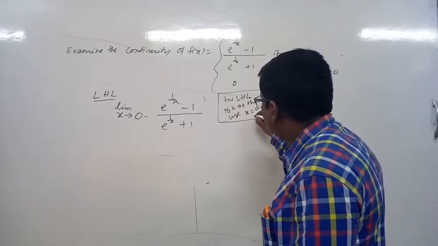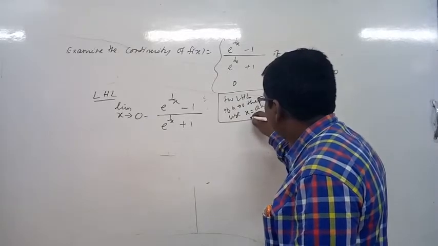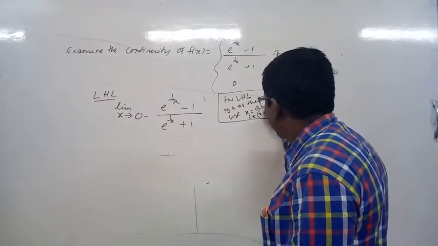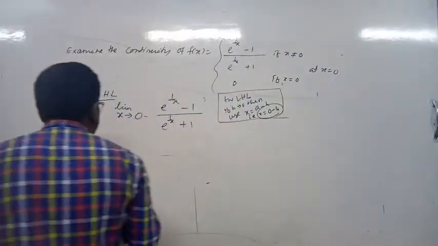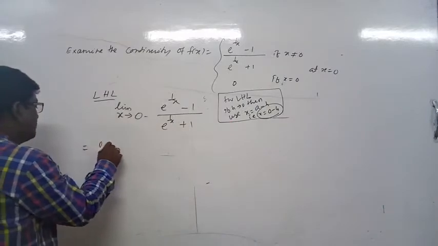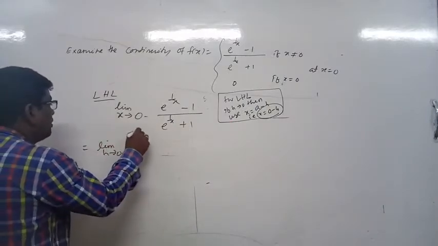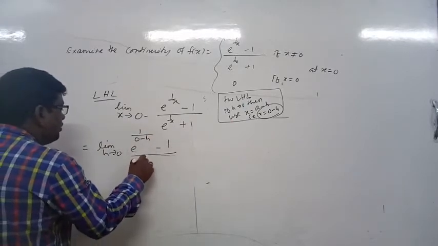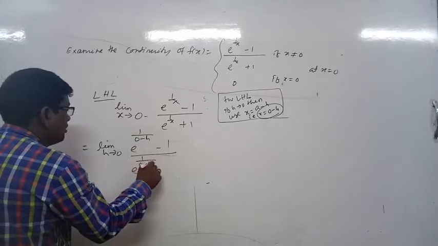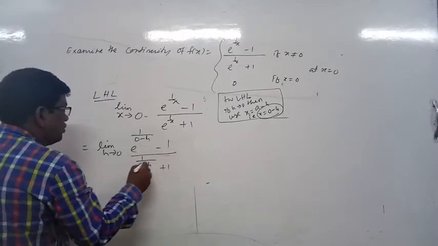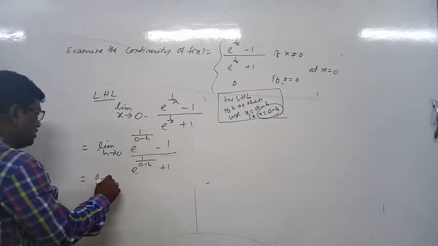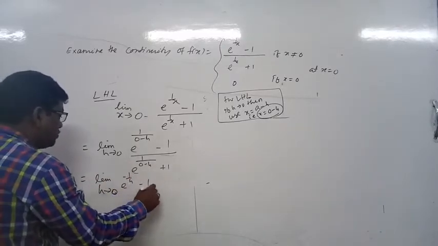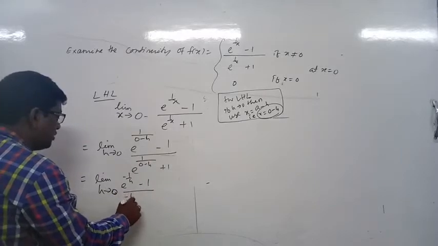Here what is a? That is, x is equal to 0 minus x. Use 0 minus x. So limit x tends to 0, e to the power 1 by 0 minus x minus 1 by e to the 1 by 0 minus x plus 1. This is equal to limit x tends to 0, e to the power minus 1 by x minus 1 divided by e to the minus 1 by x plus 1.